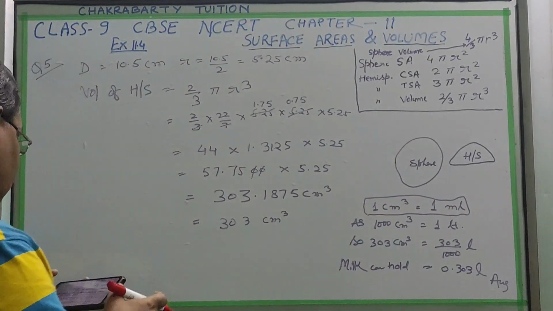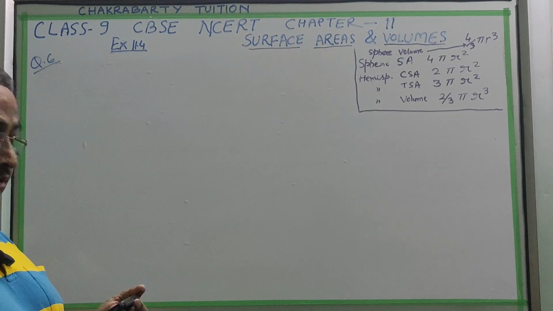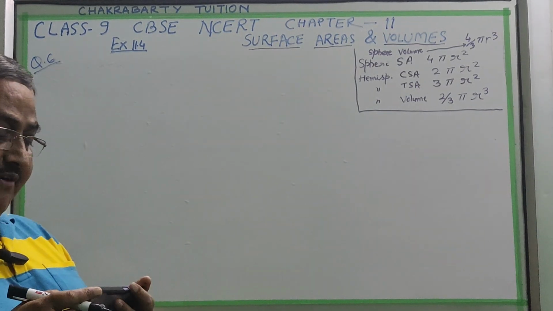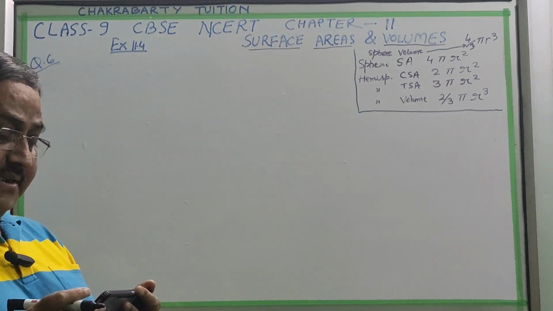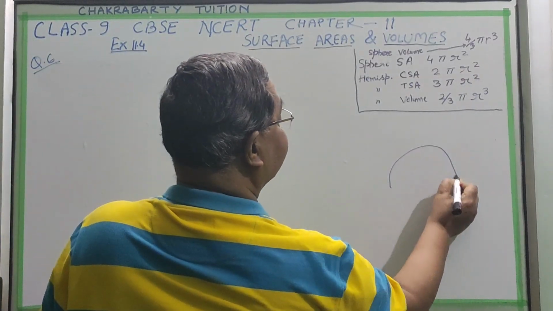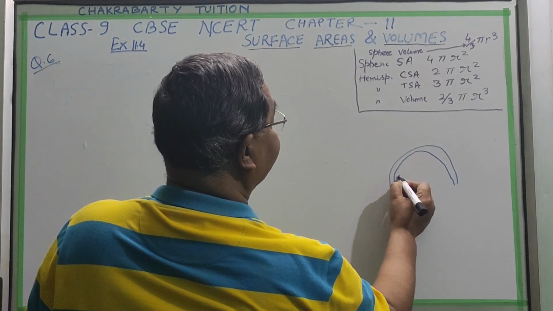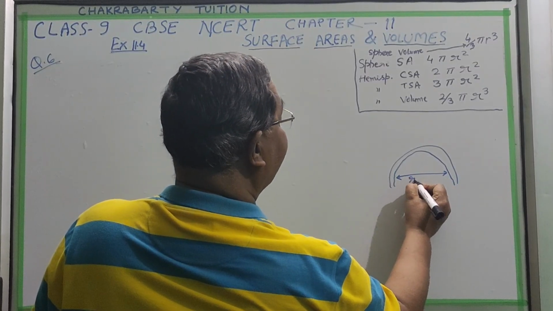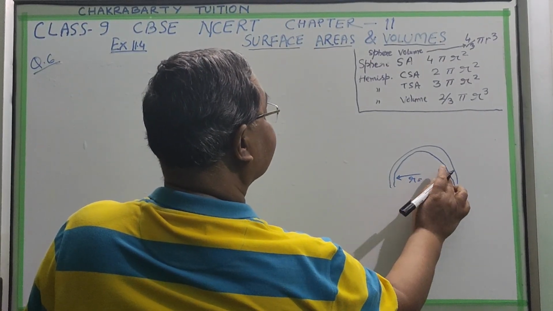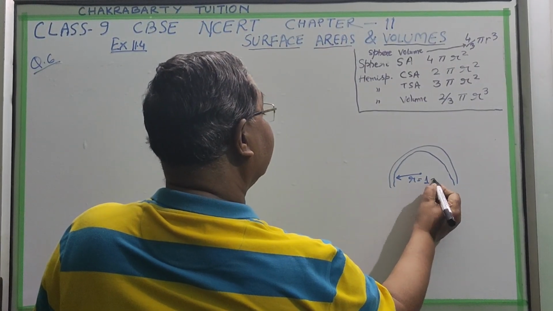Okay, now we will go to question number 6. A hemispherical tank is made up of iron sheet of 1 centimeter thickness. If the inner radius is 1 meter, it is like this, and this inner radius is r, which is equal to 1 meter.